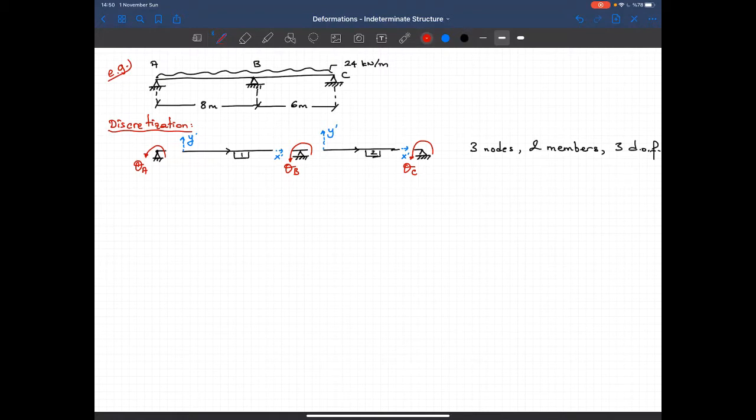Now let's draw the free body diagram. Of course, that's a statically indeterminate structure, so we won't be able to calculate the magnitudes of any moments, but let's draw it. Let's show all the forces.